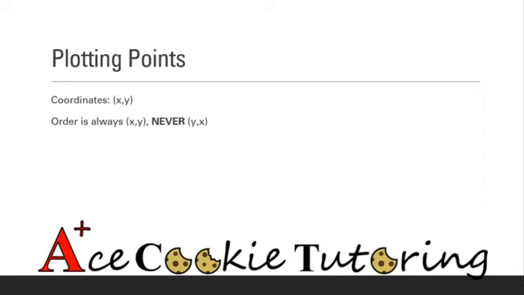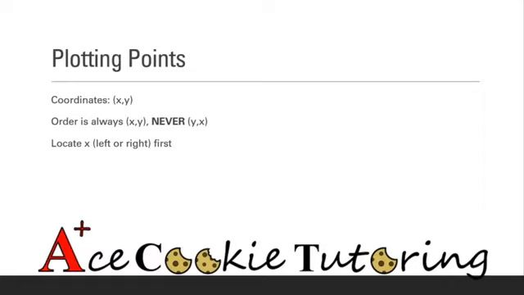Now, something really, really important I want you to notice is that the order of our coordinates is always X, Y. Okay? It's never Y, X. So if you heard me, put that in the comments. X, Y, and never Y, X. Now, the way we're going to plot a point, we're going to do this on the next slide, so just bear with me.